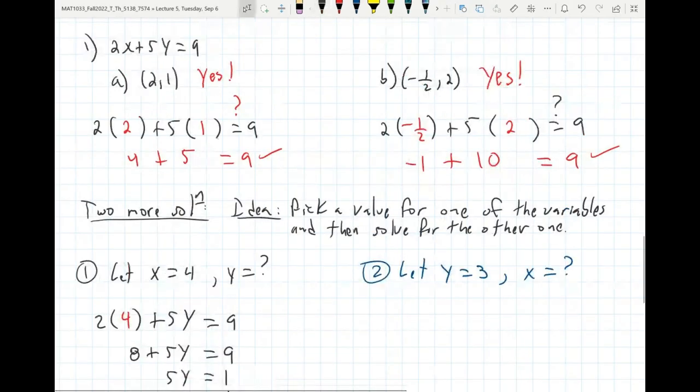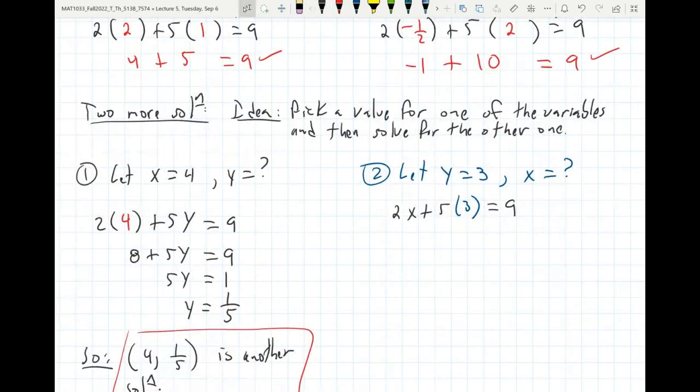So we have 2x plus 5 times 3 equals 9. And then let's figure out what x has to be. Who can tell me what x needs to be? What is it? Oh, -3. -3. Okay, very good.